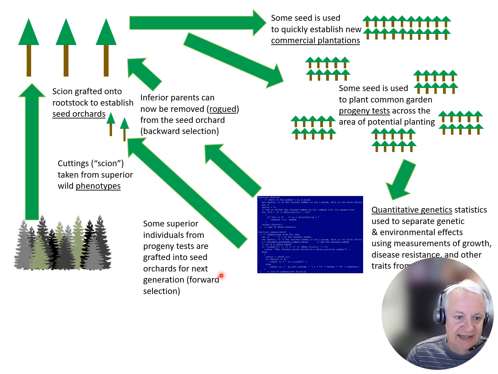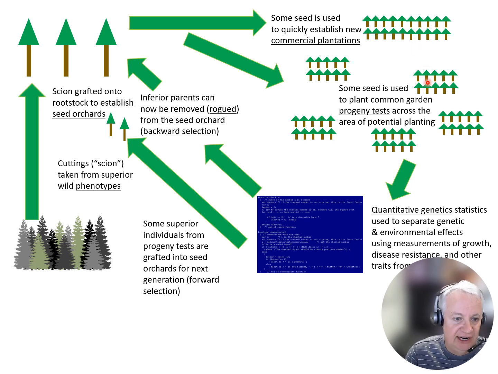Now there's a second type of selection, which involves, again, using quantitative genetics data from the progeny trials. But in this case, superior individuals are selected from the progeny trials. So this is one generation down.